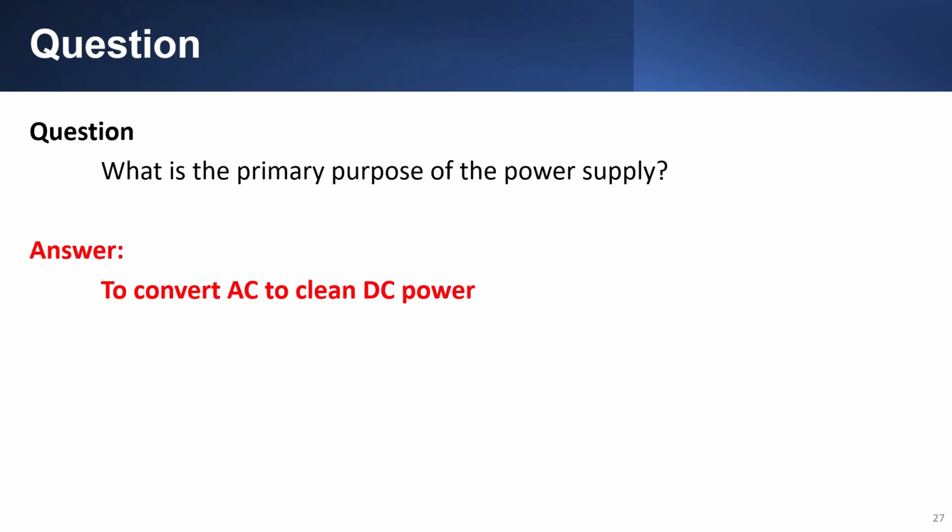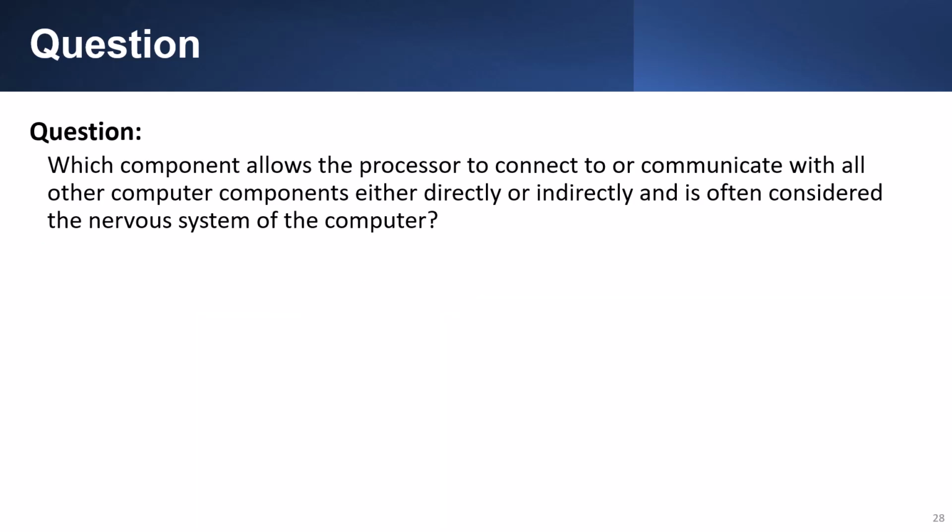Answer: to convert AC to clean DC power. Question: which component allows the processor to connect to or communicate with all other computer components, either directly or indirectly, and is often considered the nervous system of the computer? Answer: motherboard.